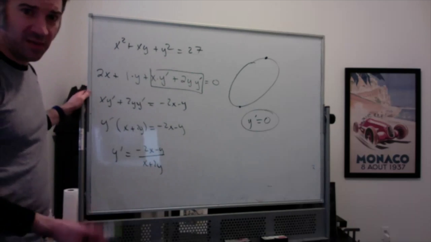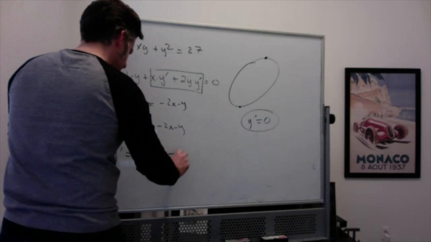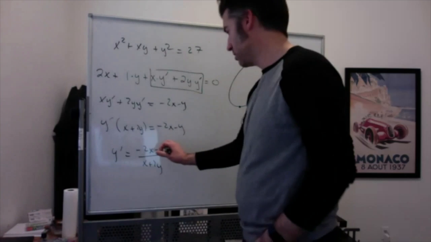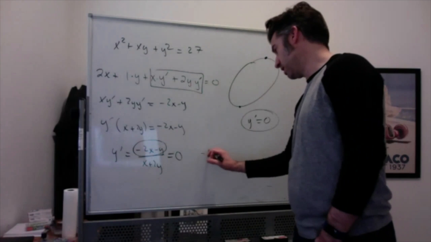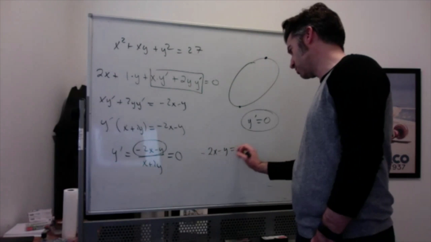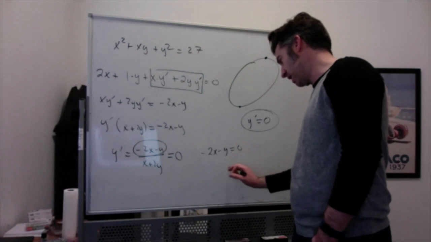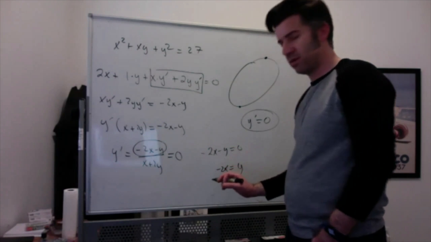But if I'm just going to set y prime equal to 0, I want negative 2x minus y to equal 0, aka I want y to equal negative 2x.